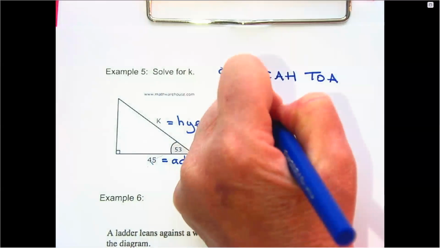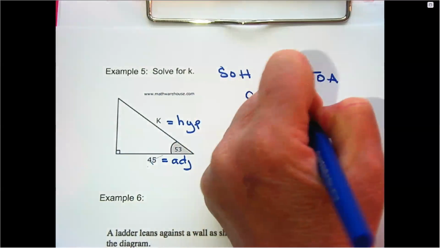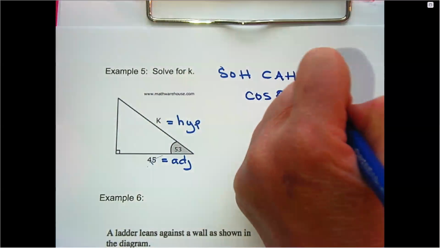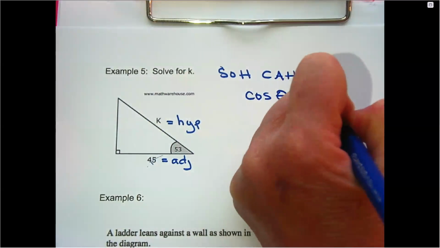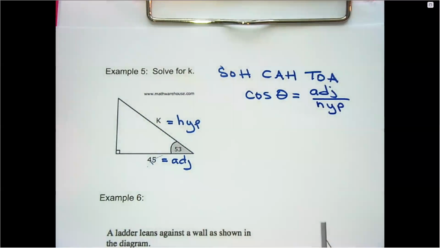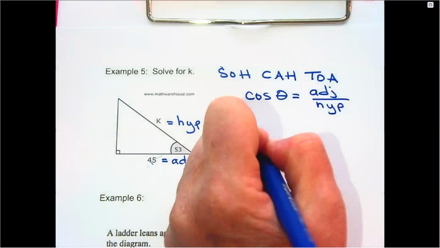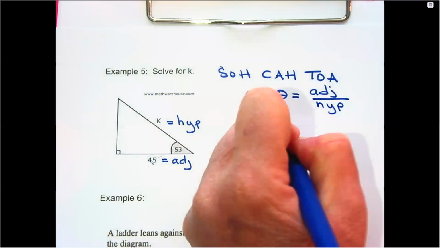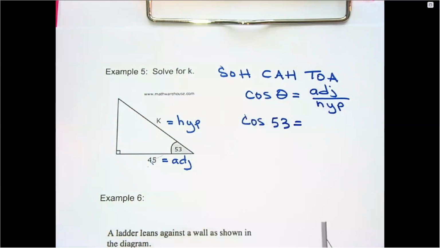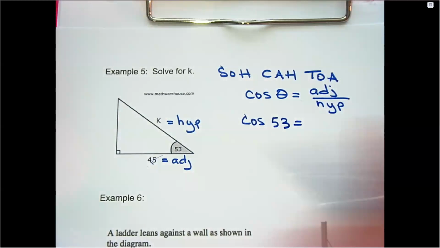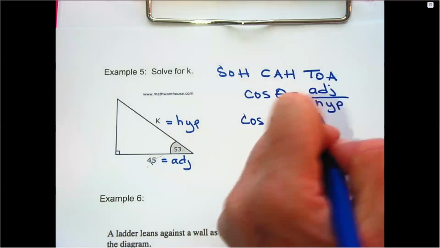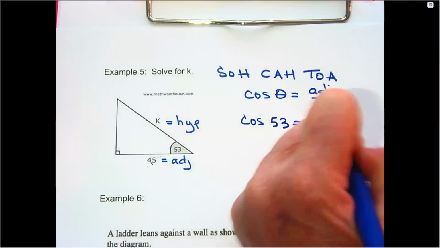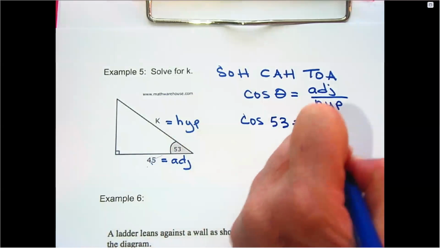So I'm looking at the cosine of the angle is adjacent over hypotenuse. So the cosine of the angle, which is 53 degrees, is the adjacent side, which looks to be 45, over the hypotenuse, which is x.